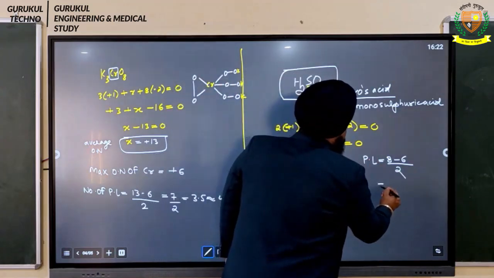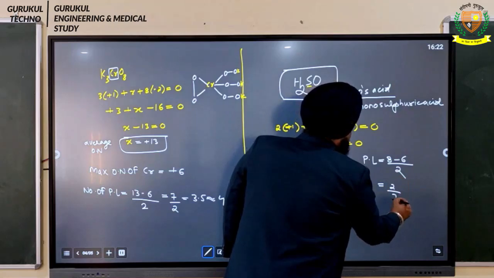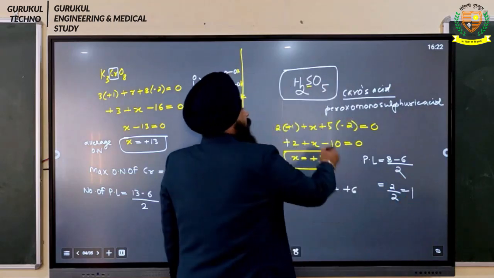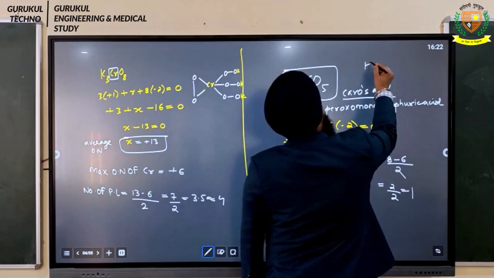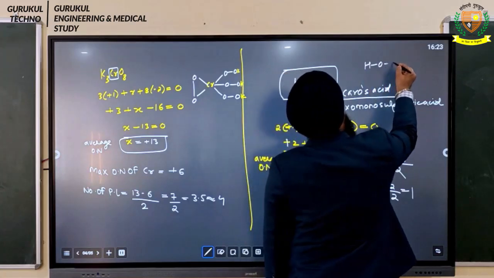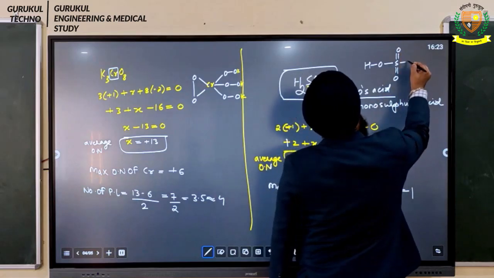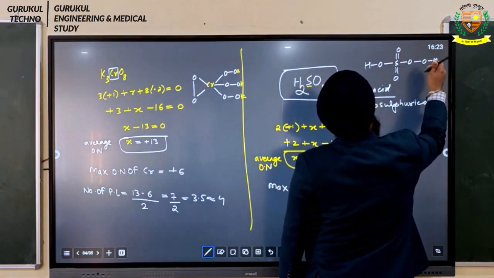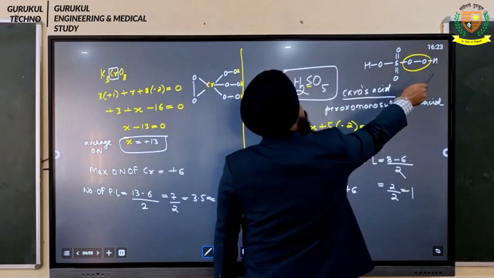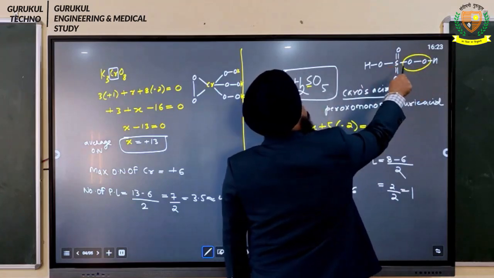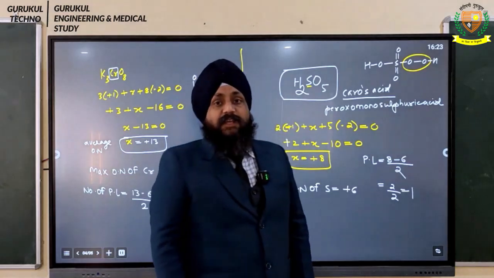So it is 2 by 2, which is 1. And if we draw the structure, it is going to be H, here it is O, here there is one O, double bond O, double bond O, here it is OOH. See, this is one peroxy linkage. H2SO5 has only one peroxy linkage.